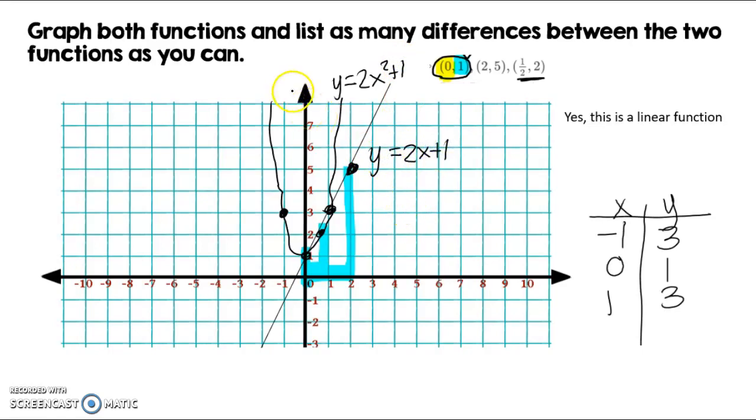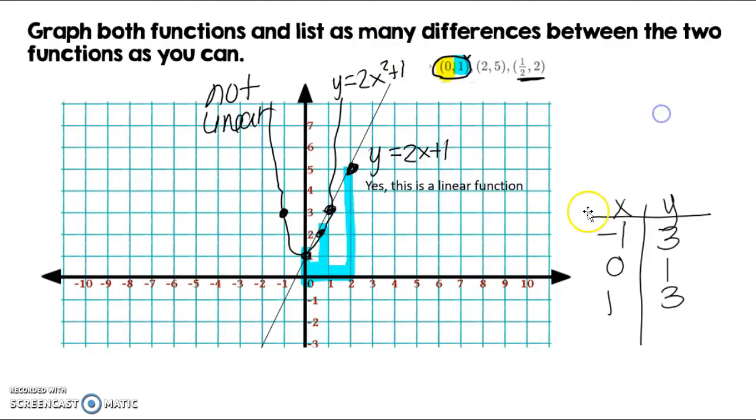If you notice that this second graph, it is not linear. It is a function, but it's not linear. So the first one is a linear function, but the second one is not a linear function.